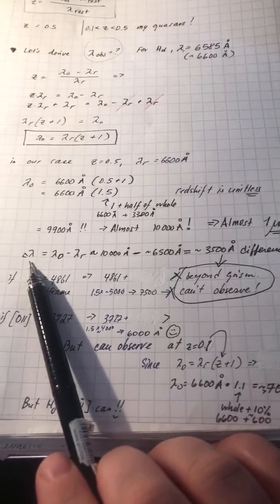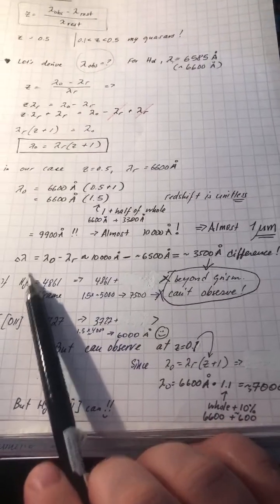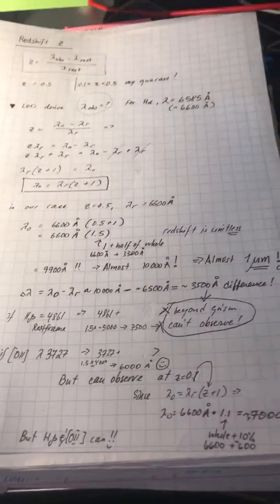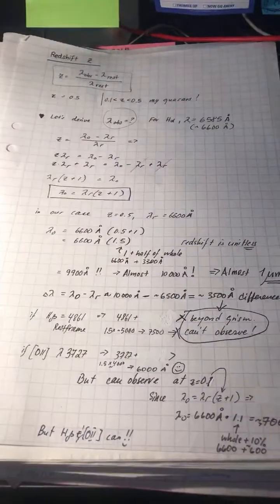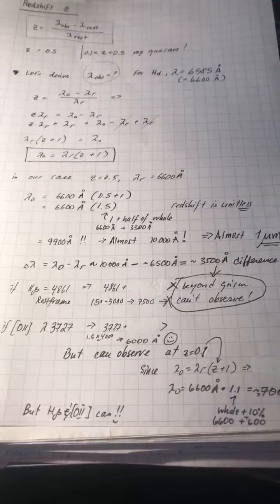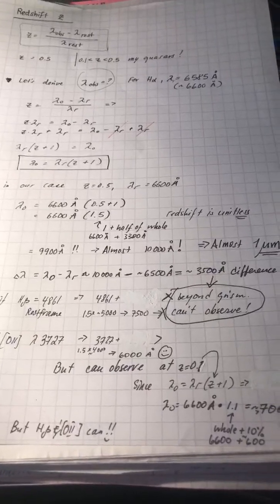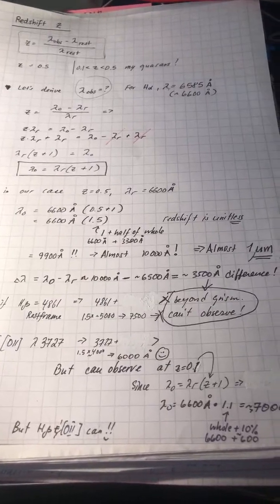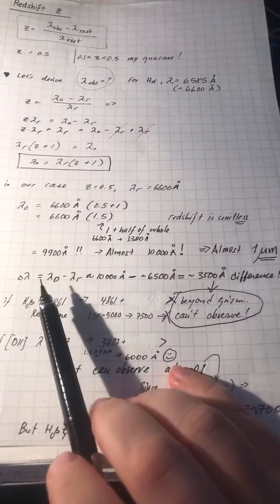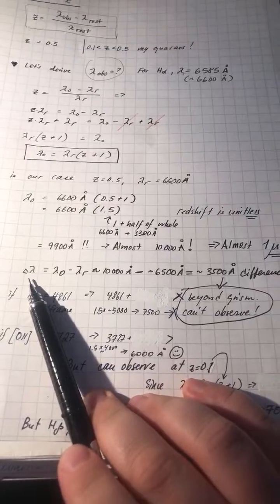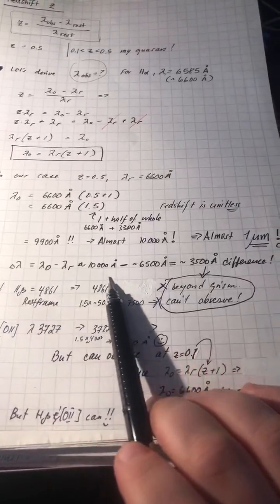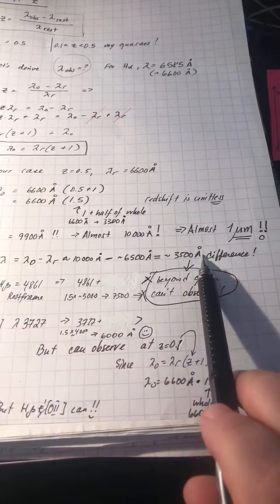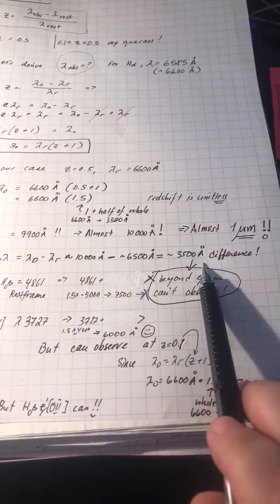So it constrains how much we can observe, at least in the optical. Remember, the optical regime is a short window compared to the rest of the electromagnetic spectrum. So the difference that it shifted is about 3,500 angstroms.